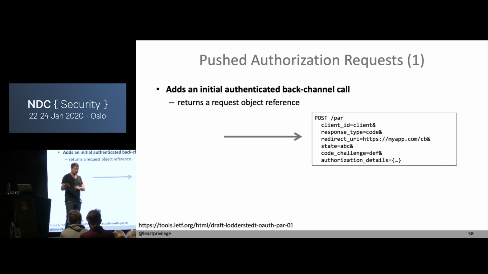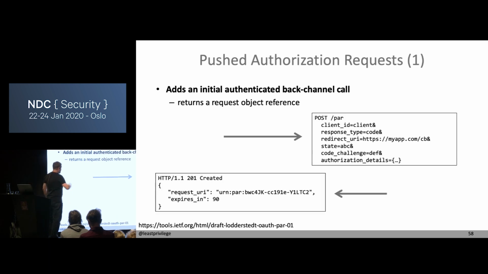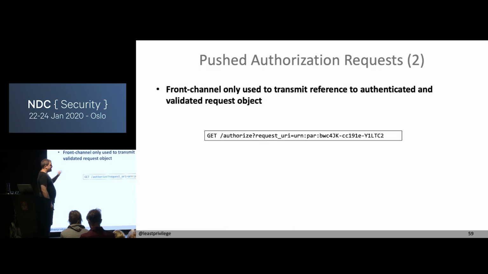No browser is involved so far. Okay? This call is authenticated with the client ID and the client secret, and you can make that as strong as you want. Okay? So we're pushing these things first on the back channel. What this will give us back is basically an identifier for the pushed parameters. Okay? And then you are opening the browser, and all you put on the authorize request is the identifier.